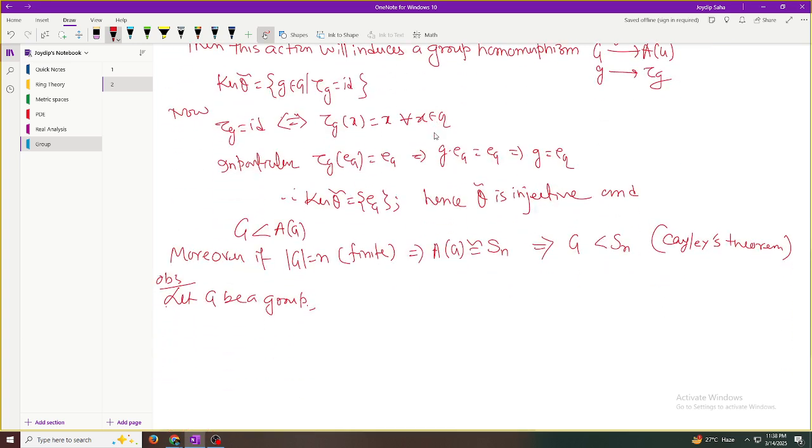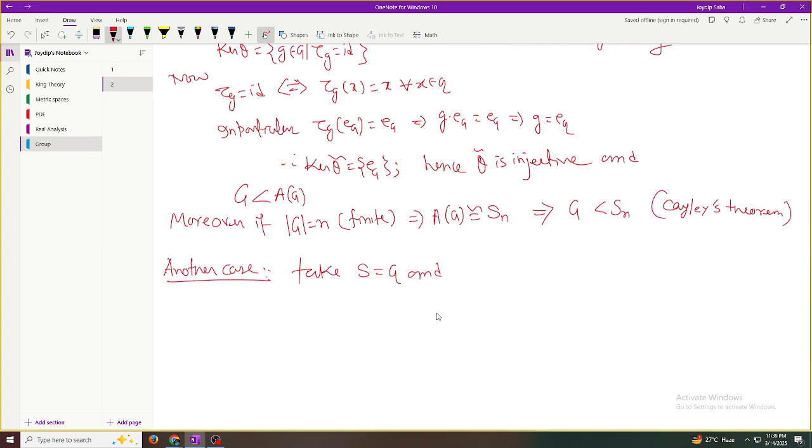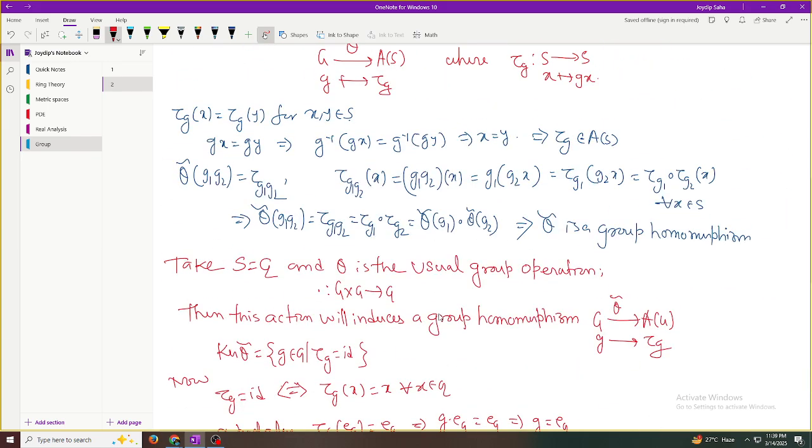Now I consider another case. Take case 2, a special case: S equals G and the action is the conjugacy action.